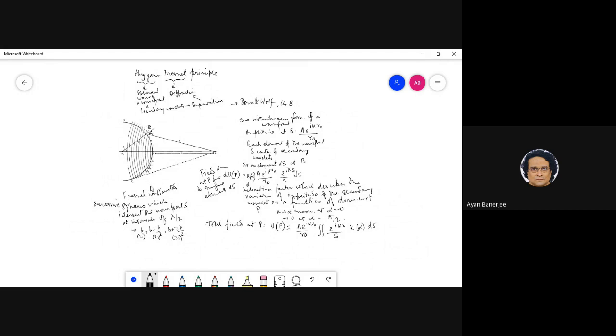Since R0 and B are both much greater than lambda, K has the same value Kj for the jth zone.